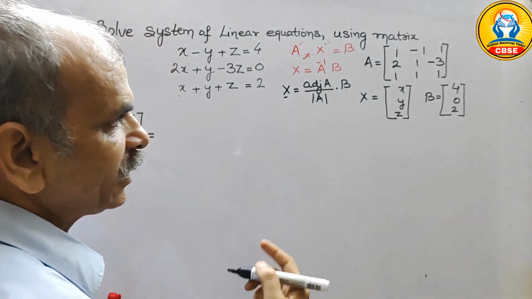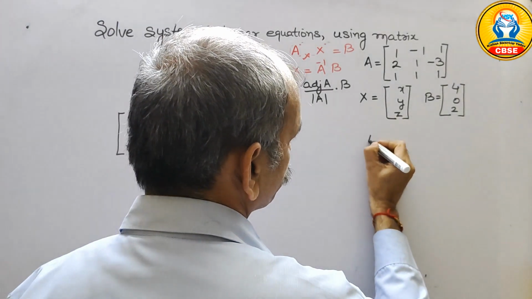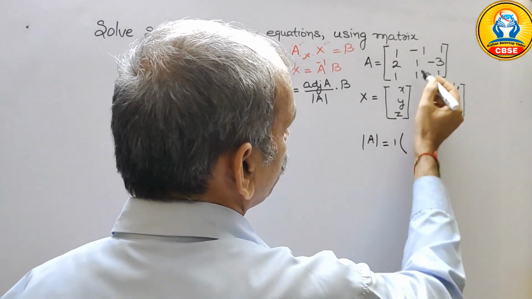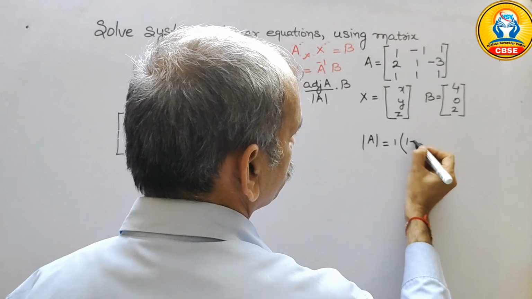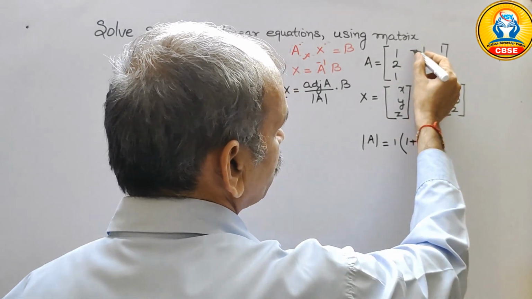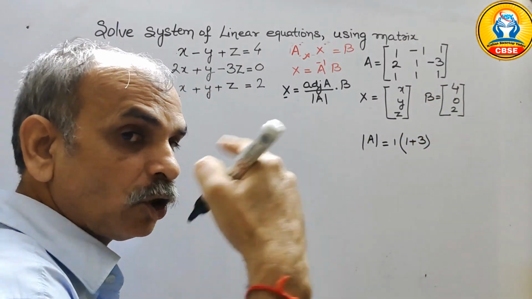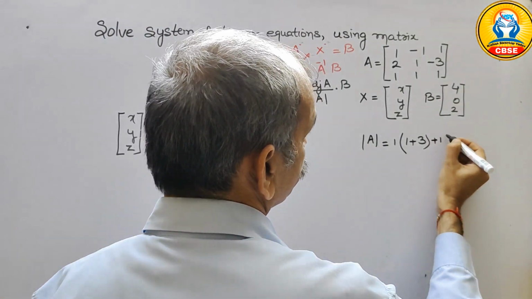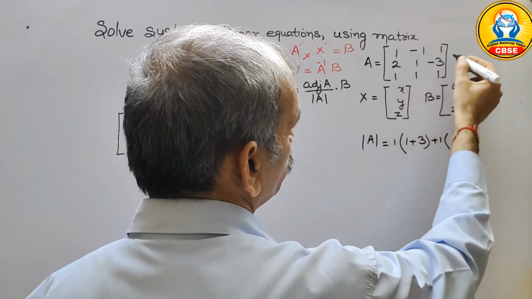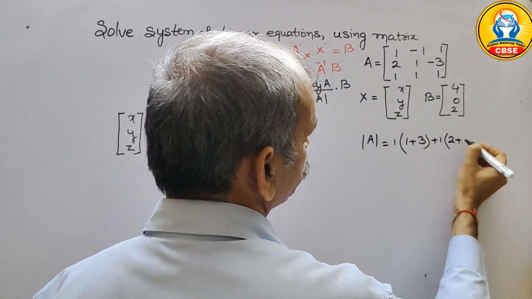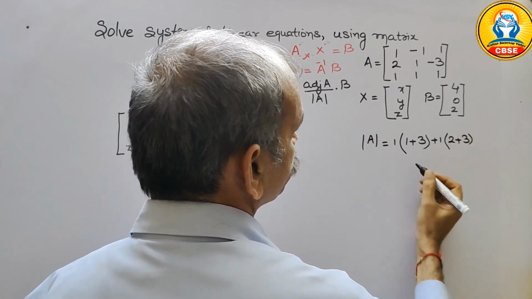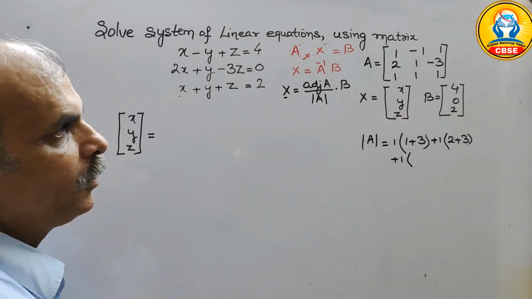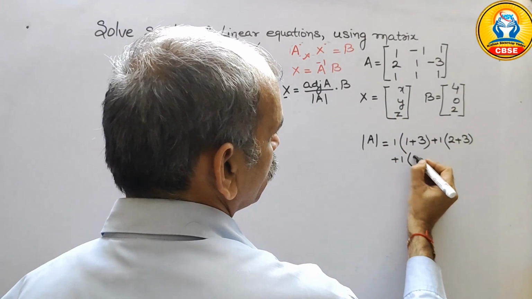So first we will write the determinant of A. That is equal to 1 times (1 plus 3), next is minus 1, position is also minus, so it will be plus 1 times (2 plus 3), and next is plus 1 times (2 minus 1).